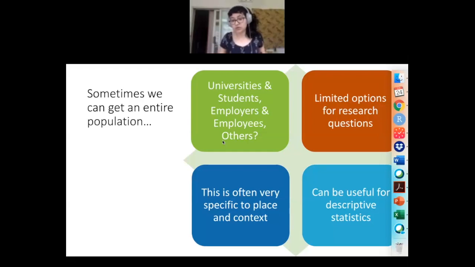But when we're doing more social science research, we're trying to collect our own data to see more of the relationships between variables and not just look at the demographic descriptive statistics. So that's more of the academic lens towards it. So we try to sample a population and make generalizations about that larger population.